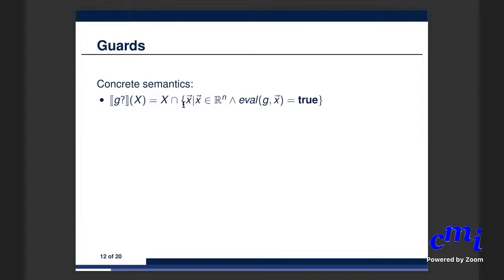If we define the concrete semantics, it would be the intersection of X with the set of values for which G evaluates to true.